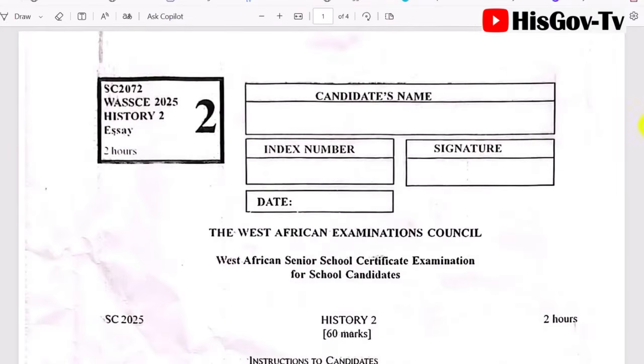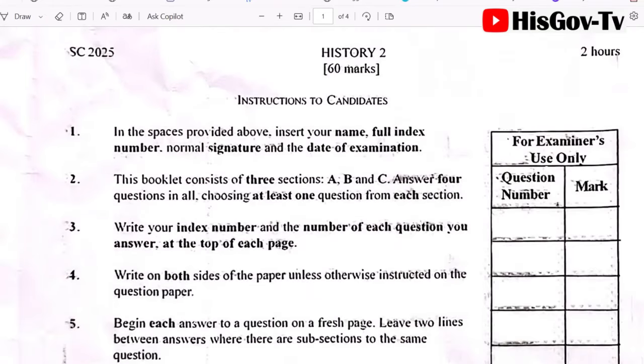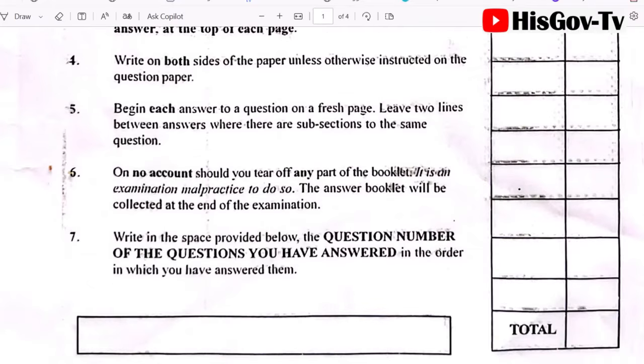You write your name here. The candidates will write the name here, you sign over here, then your index number, then your date, the date that the exam was written. Before we start, here you are to write the question numbers in the order in which you answered them.